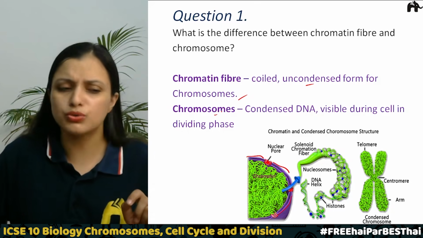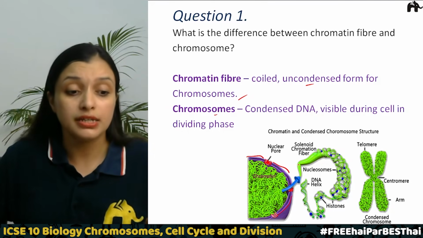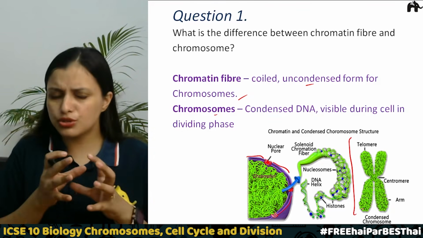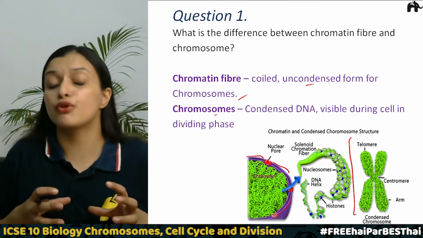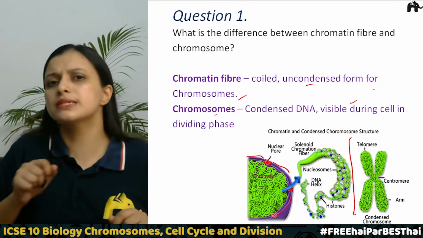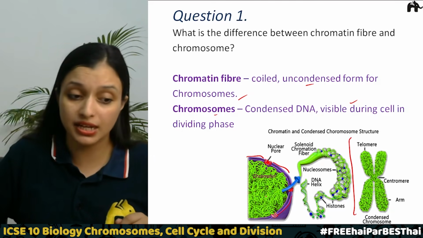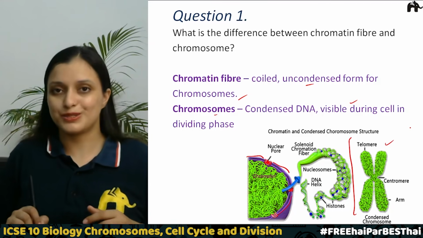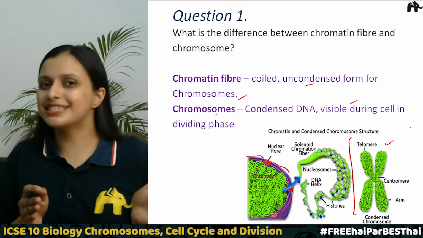Now coming to chromosomes, what are these chromosomes? If you see, this is a chromosome. This chromosome is a condensed form of DNA which is visible only during cell division. When the cell is not dividing, it will look something like this, and when the cell is dividing, it will look like this. I hope this is clear.